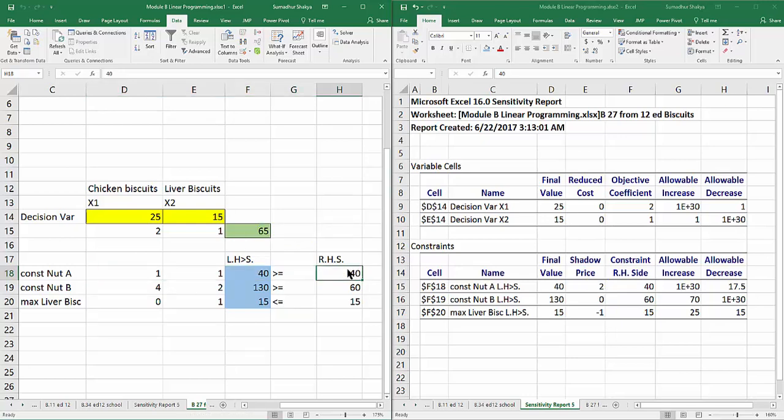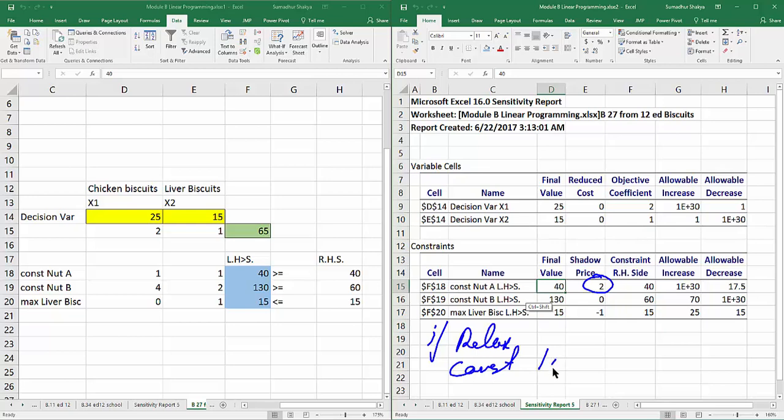Okay, so let's see if that would be the case. Based on this sensitivity report, going by the definition that I gave in the first video, shadow price is the amount by which, if we relax the constraint by 1 unit.